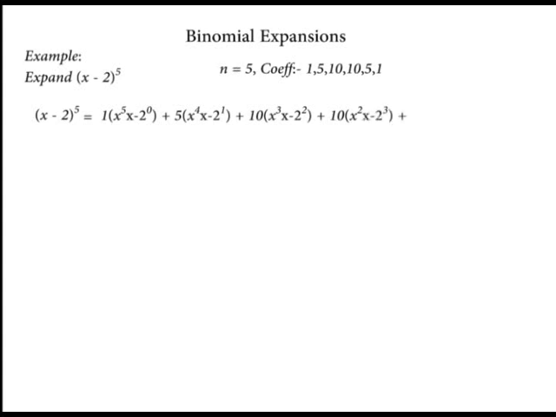In the fifth term, coefficient is 5 times x raised to power 1 times (−2) raised to the power of 4. And the last term, coefficient is 1, x is raised to power 0 times (−2) raised to power 5.